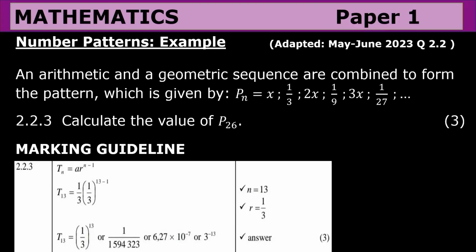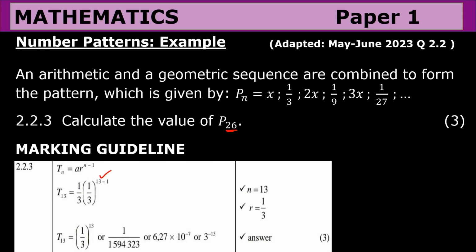Moving on to the next question, we are still within the same combination sequence. It says calculate the value of P26. Now, you are going to get your first mark for saying n is equal to 13. And the reason why n is equal to 13 is because we realize that because there's a combination of 2 sequences, then we know that the 26th term will actually be the 13th term in one of the sequences.